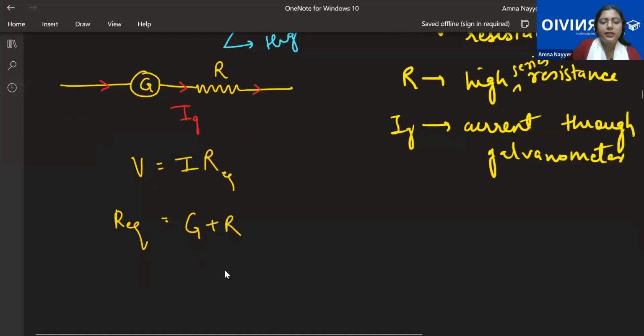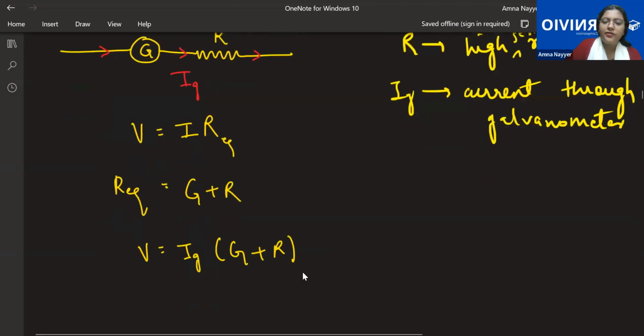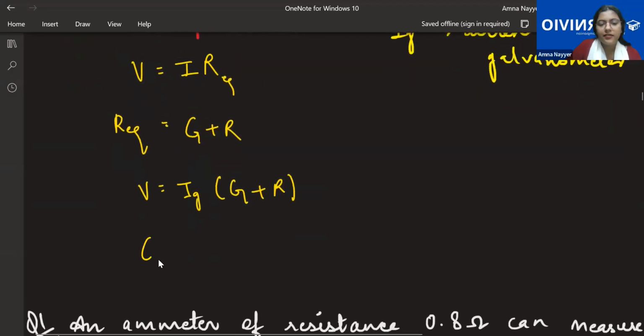So when you put in this value, V is equal to, now what's the current? It's Ig. And what's the resistance? G plus R. Now, if I shift this here, I'll get V by Ig equals G plus R. Now, what do we have to get? We have to get the value of the resistance.